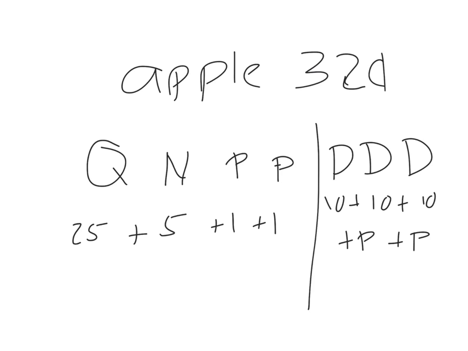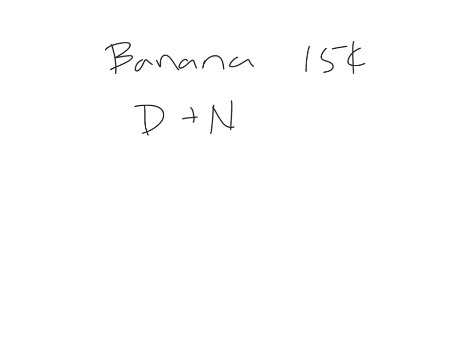Now, with my banana, that is 15 cents. I'm going to think about the fewest way to do this. Well, I know that I could do a dime plus a nickel, because 10 plus 5 equals 15 cents.